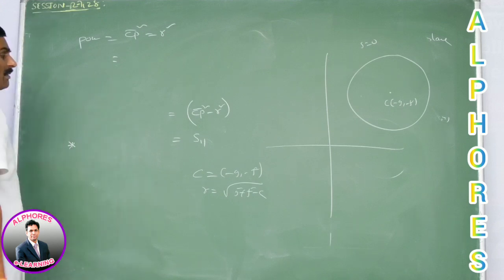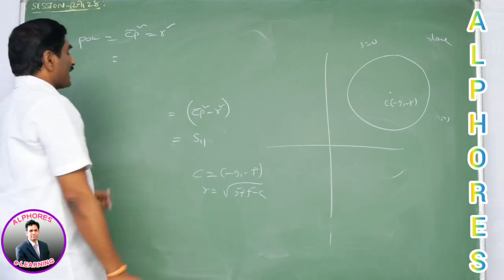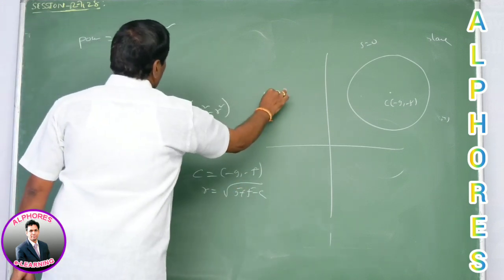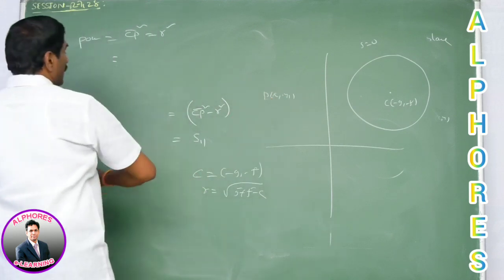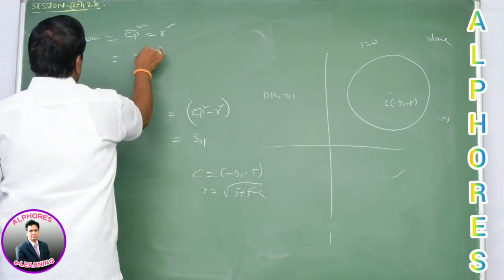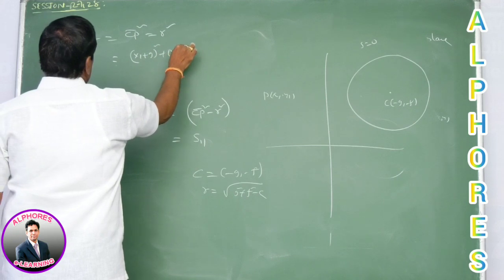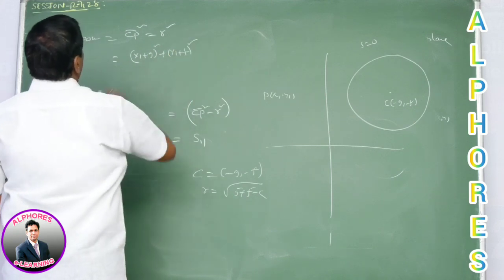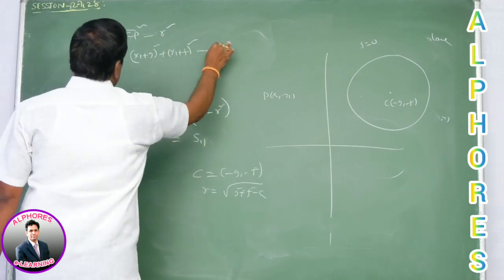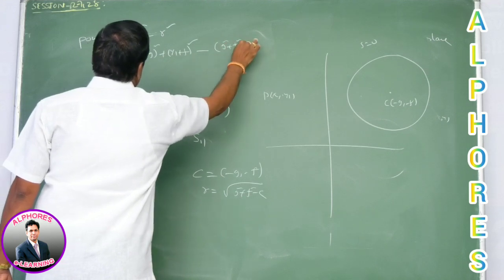C means (-g, -f) and P means (x1, y1), any point in the plane. CP square means (x1 + g) whole square plus (y1 + f) whole square, minus R square, which means g square plus f square minus c.